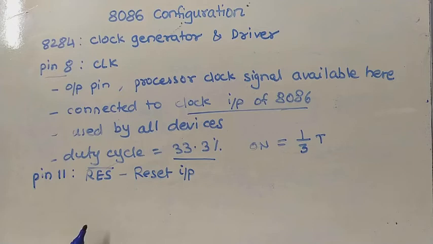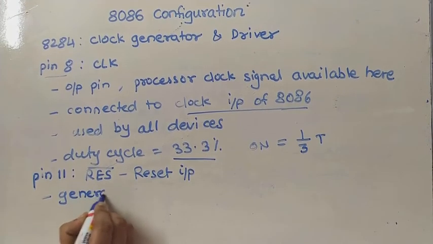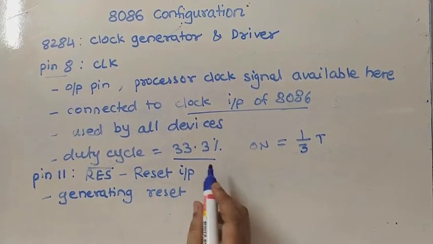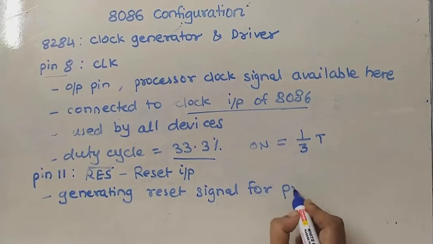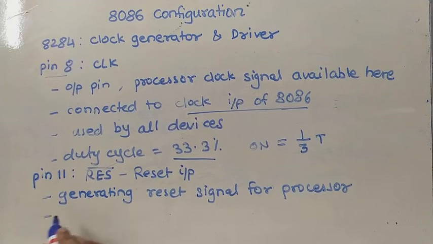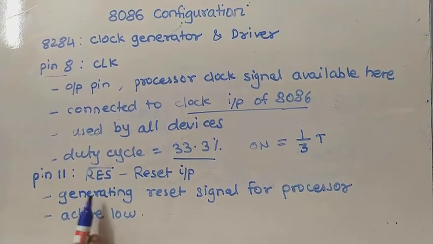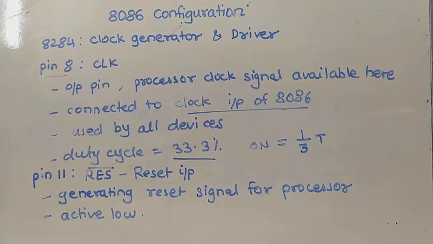On this pin, the reset signal for the processor is generated, and this pin is active low. So pin number 11 is reset input, and this reset input generates the reset signal for the processor. It is an active low pin.